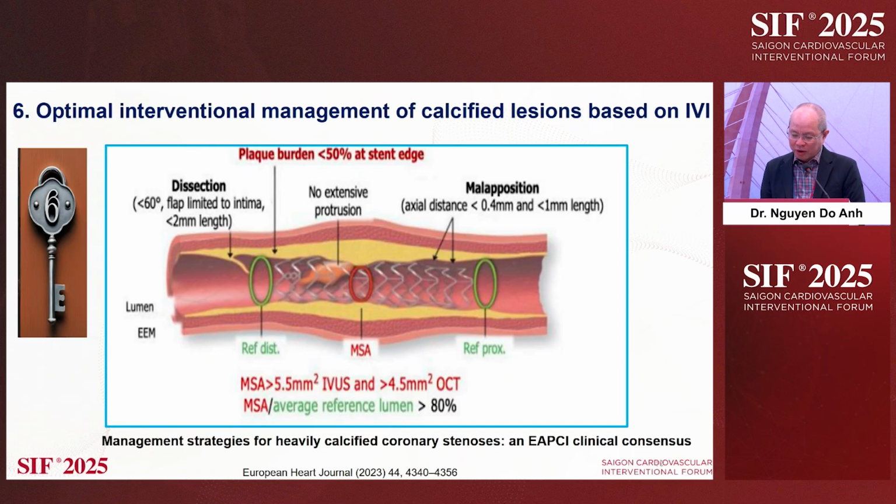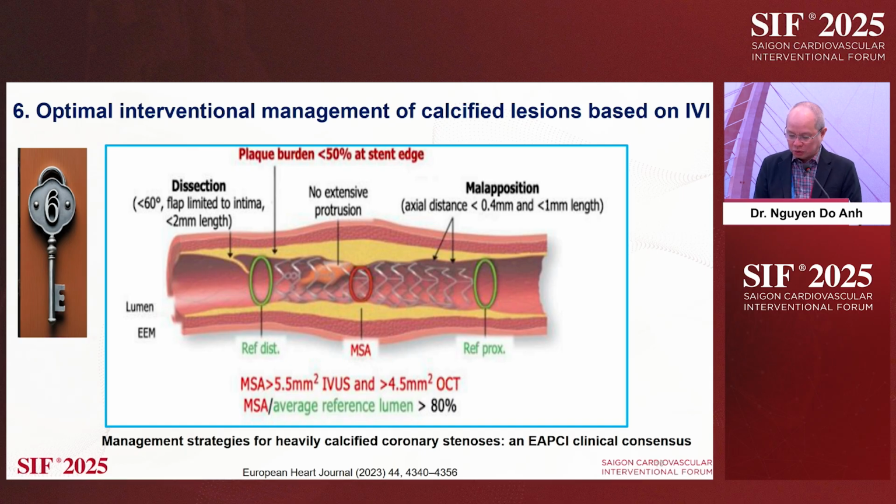And finally, to summarize the European consensus of 2024, which emphasizes IVI to guide the treatment pathway for calcified lesions. IVI guidance for calcified lesion PCI is not an option.